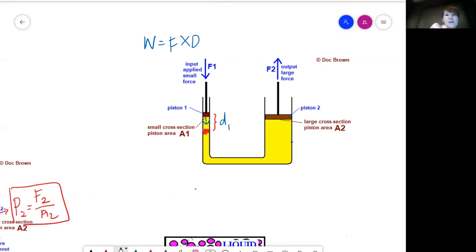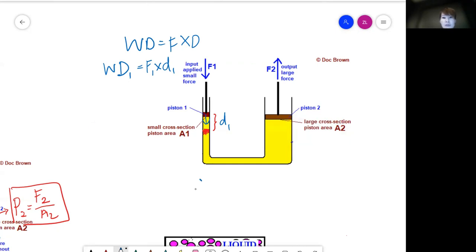Therefore, the work done at piston 1 will be equal to force 1 times the distance moved by piston 1. So let's call it work done at piston 1. Now let's take a look at piston 2, assuming there is no energy loss.